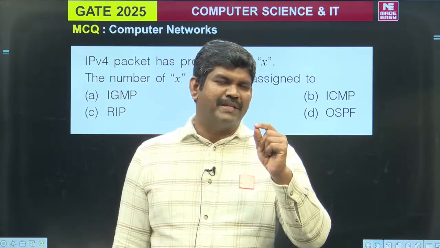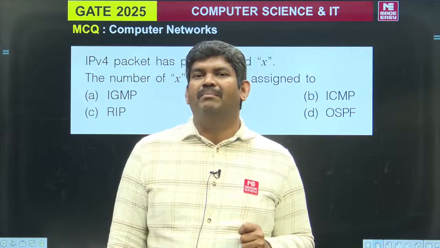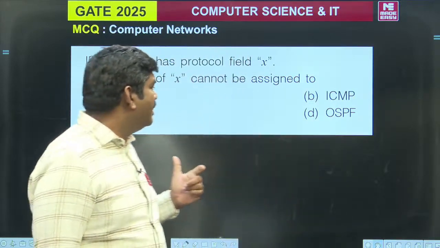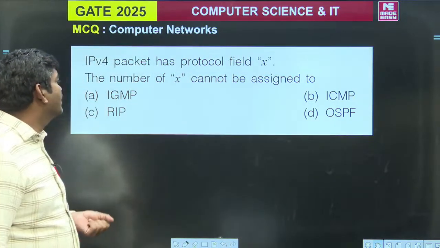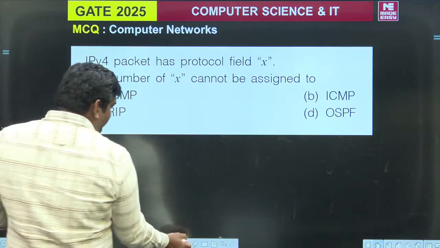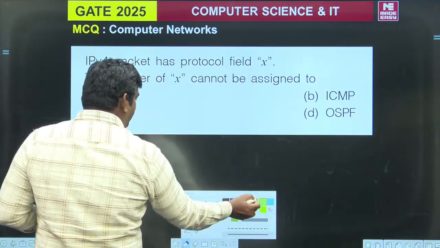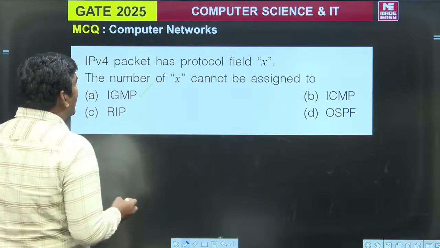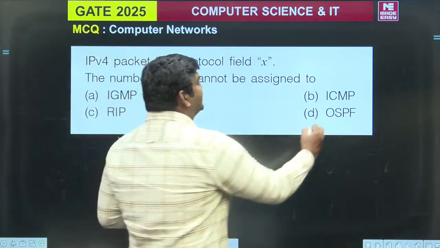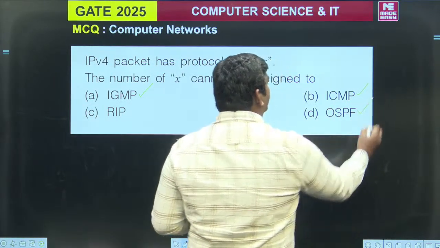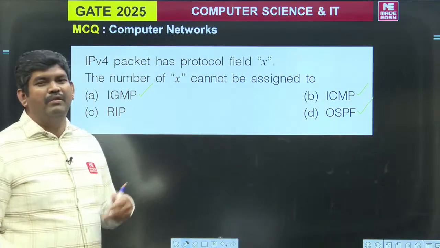For every specific protocol there is a specific protocol field number. So this is one specific question they have given. You can observe that the IGMP protocol, as well as the ICMP protocol and the OSPF protocol, will use the protocol field value.